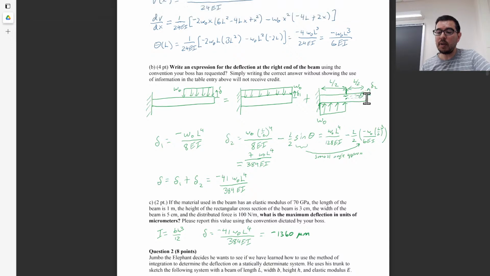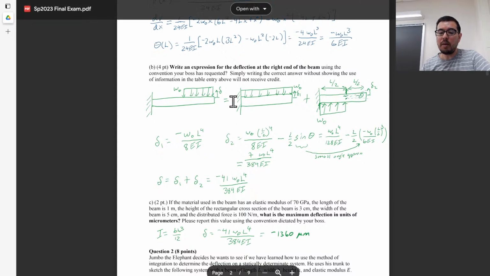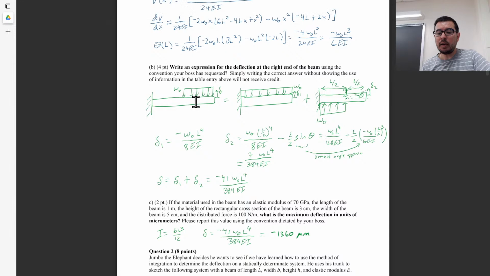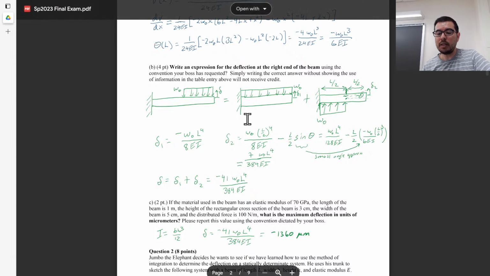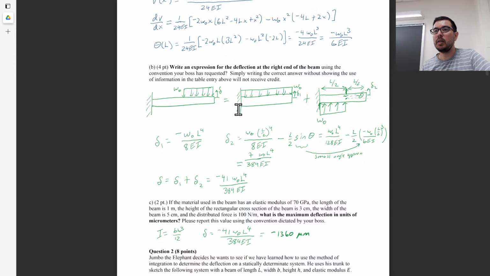the fact that there's an angle here. What's happening is this is saying, look, the distributed load, I understand what happens. I understand that I have a nice expression for the distributed load across the entire beam. But that's not what I was given.